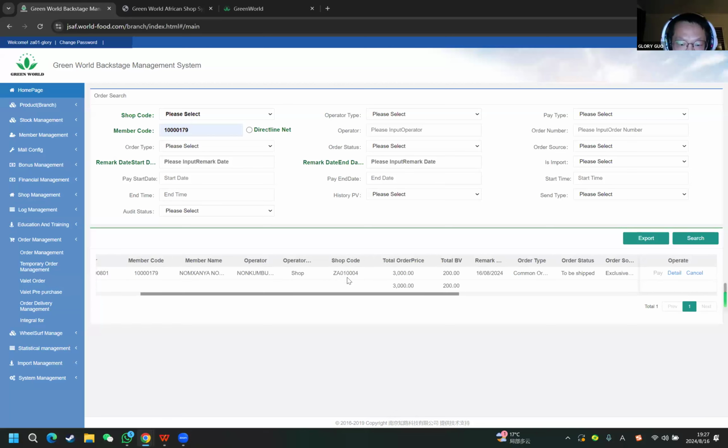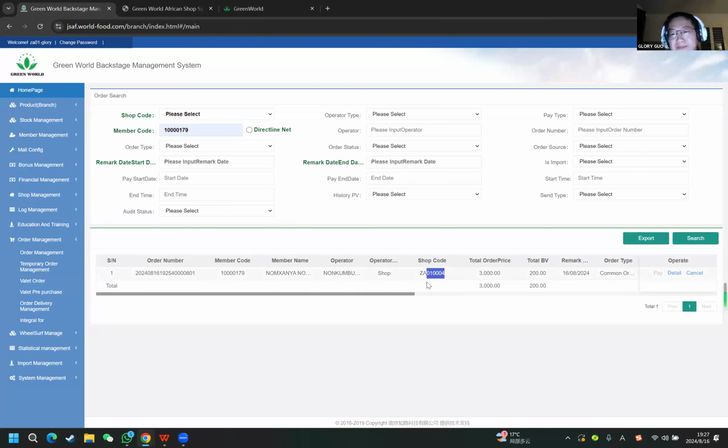Shop 004 did it on the 16th August 2024. This BV is already in the system. You don't have to waste your time submitting to the head office and waiting for us to capture those BVs. You do it all by yourself in such an easy way.